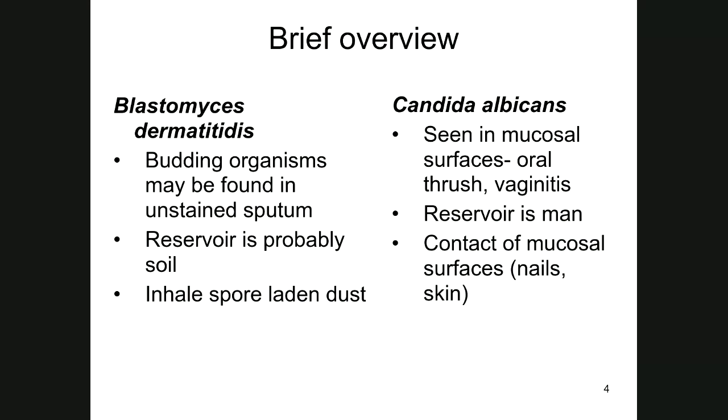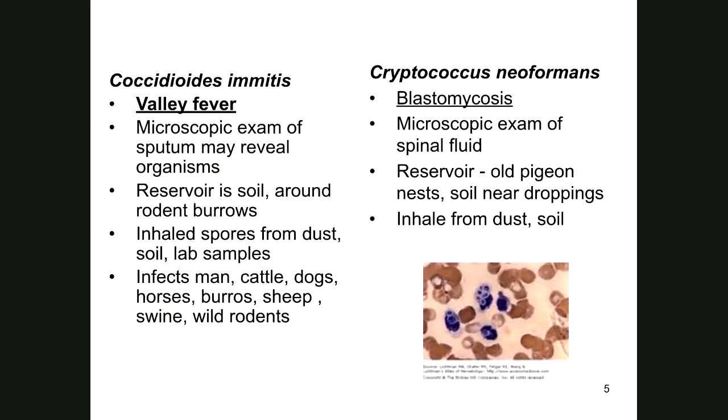Candida albicans, quite often in the mucosal surfaces, either in the oral area, can cause thrush or vaginitis, reservoirs man, and again, contact mucosal areas. Coccidioides immitis.